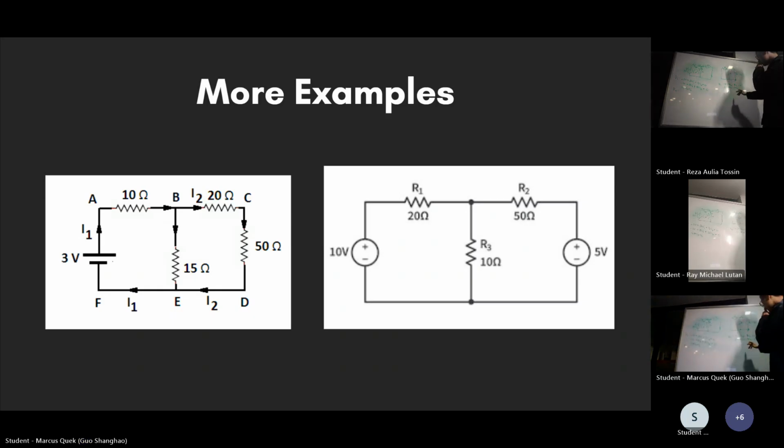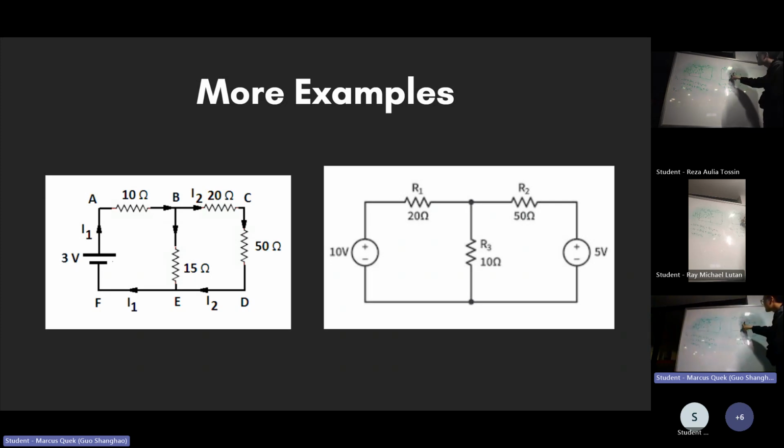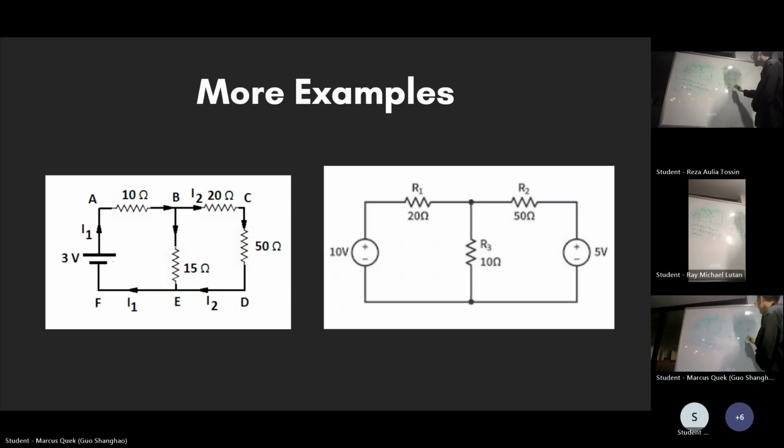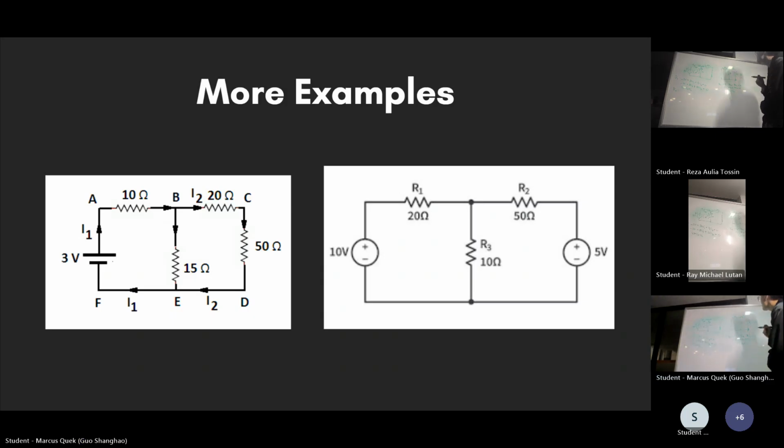So should it be plus 10 instead of minus 10? The second equation: minus 5 minus 50 I2 plus 10 I3, right? Yes.